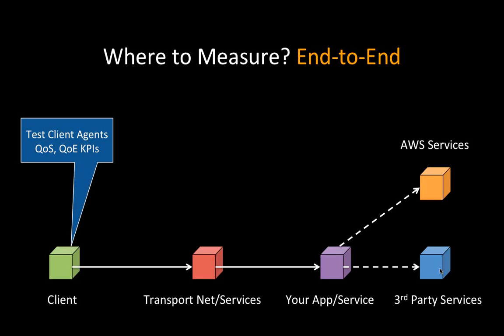The clients. Well, definitely you can have test clients. So you have real customers who have their own clients. You can also deploy your own test clients, your own customer, if you will. On your test clients, you can insert agents, which can be collecting the customer-perceived quality of service and quality of experience of your product.